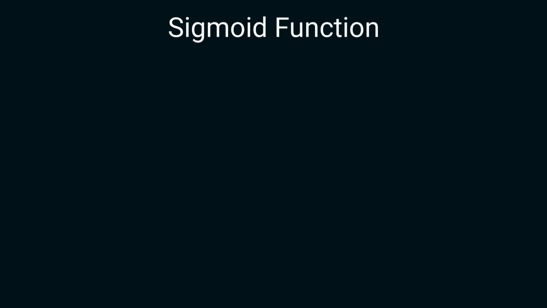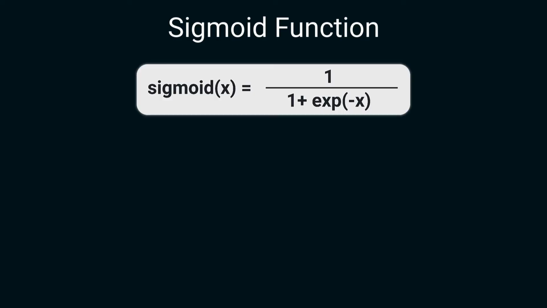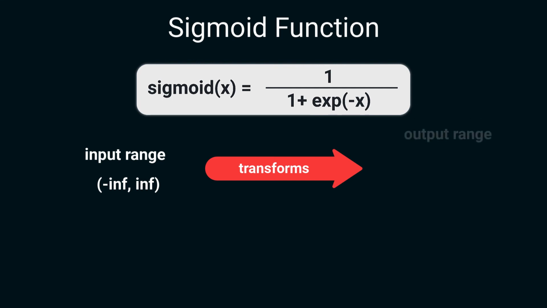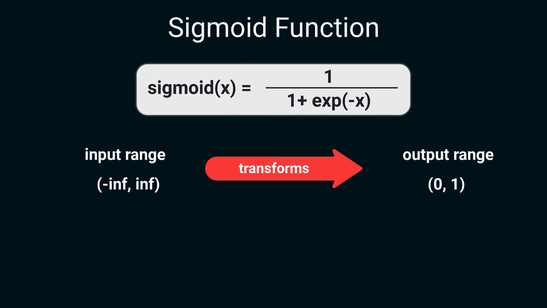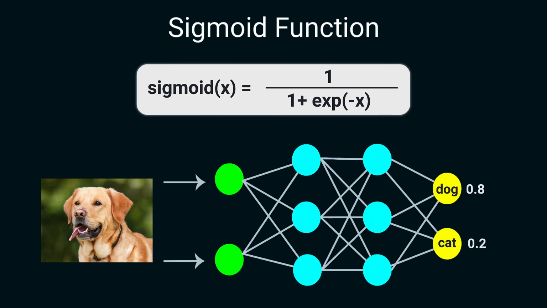The next activation function is called the sigmoid function. The sigmoid function transforms the input, which ranges from negative infinity to infinity, and produces output of range 0 to 1. It is also called a squashing function because of this behavior. Sigmoids are widely used as activation function on the output units when we want to interpret the outputs as probabilities for binary classification problems.